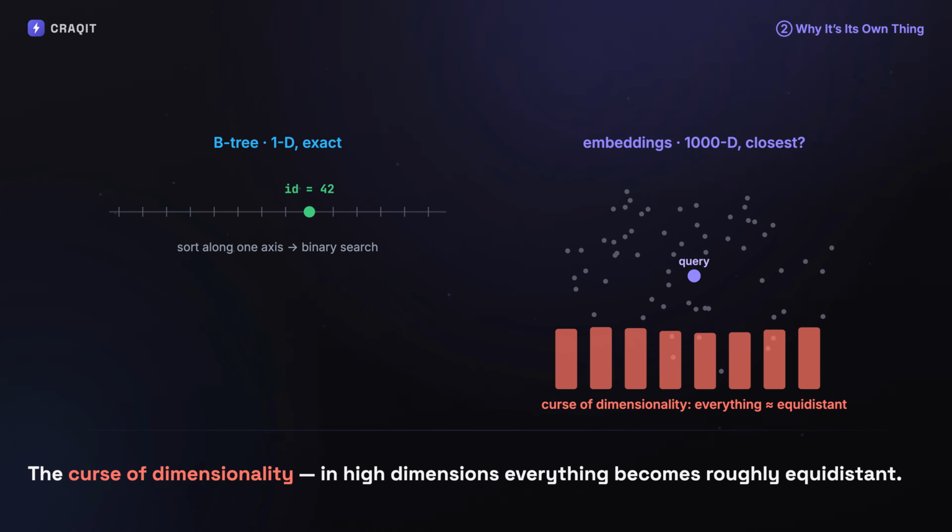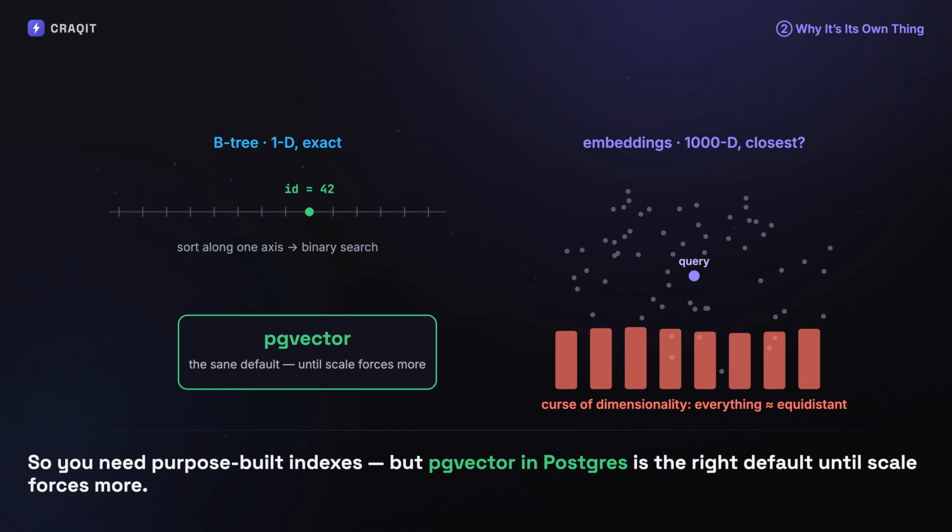But, and this is the senior nuance to say out loud, this does not mean you always need a dedicated database like Pinecone or Qdrant. Postgres with the PG vector extension now does vector search inside the database you already operate. And for most products, up to a few million vectors, that is the correct starting point.